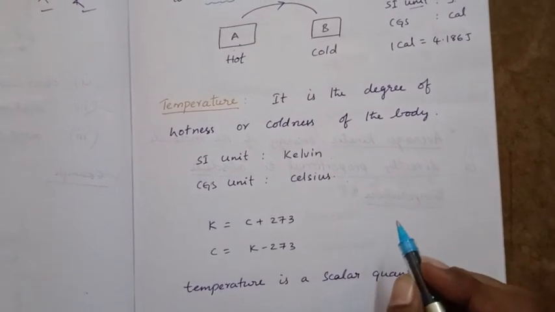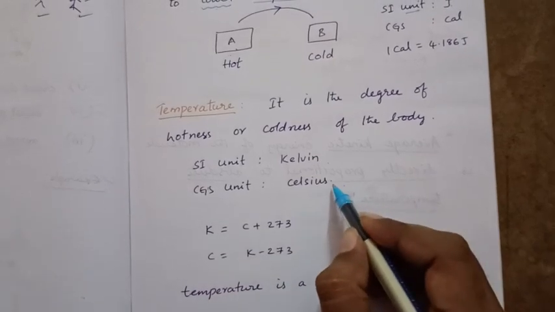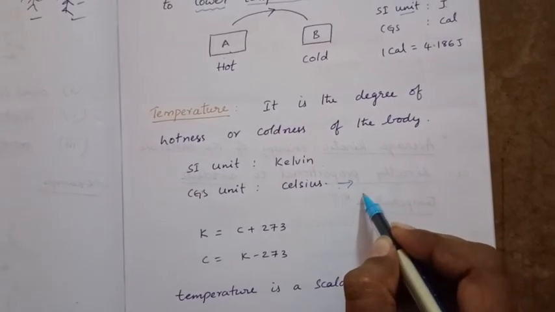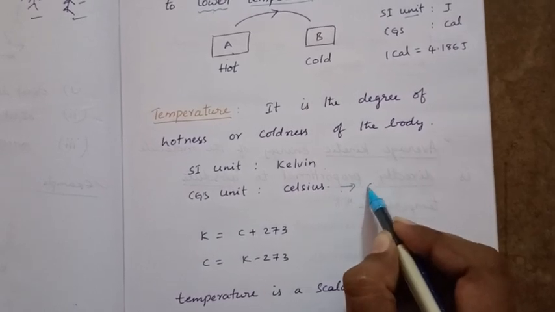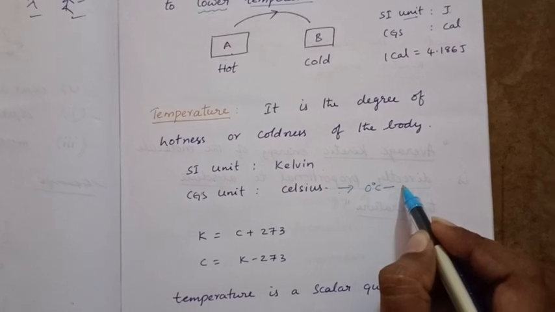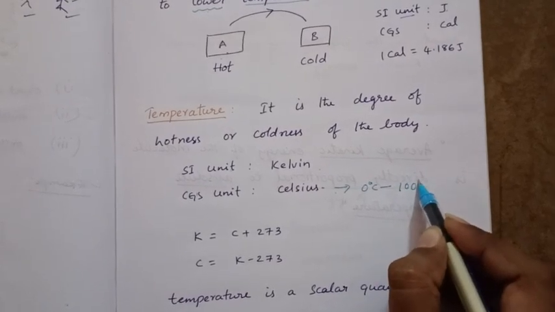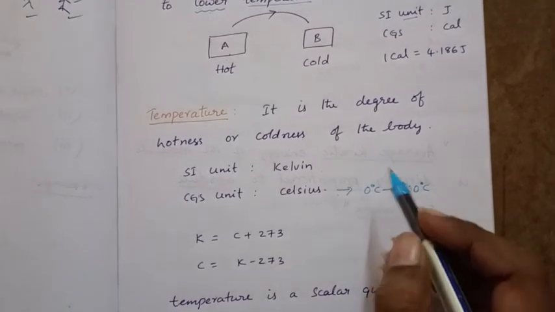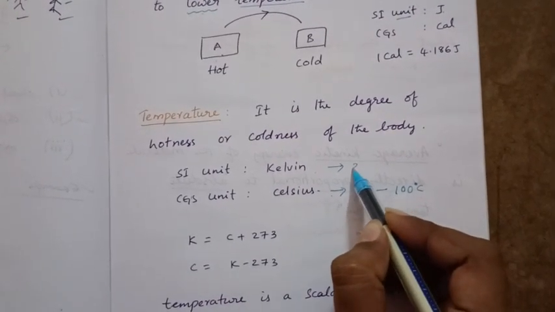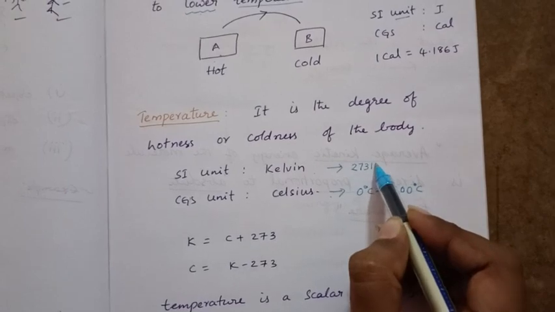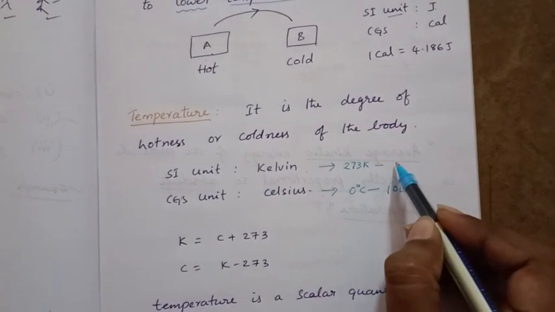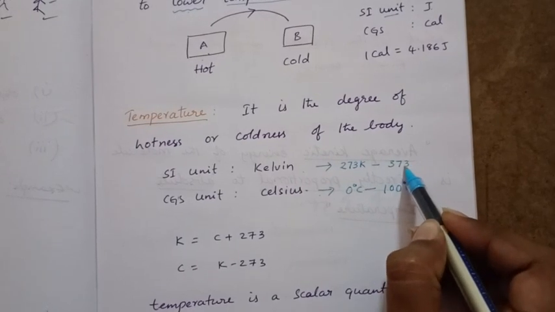That is because the Celsius scale starts from the water freezing point, 0 degrees Celsius, to the water boiling point, 100 degrees Celsius. On the Kelvin scale, the water freezing point is 273 kelvins and the boiling point is 373 kelvins.